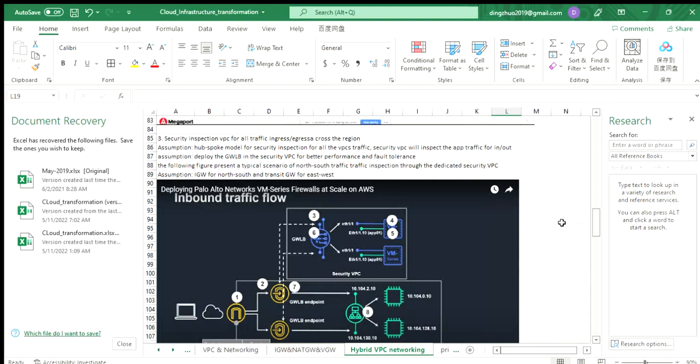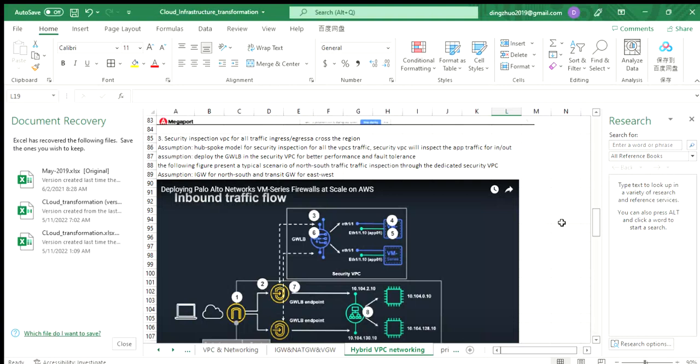Now with the new protocol we call Geneve, the vendors such as Palo Alto or Cisco or Juniper or maybe F5, they can use the Geneve protocol to work with the gateway load balancing, and the gateway load balancer can do the health check to the multiple virtual instances of the security appliance, and do the packet inspections.